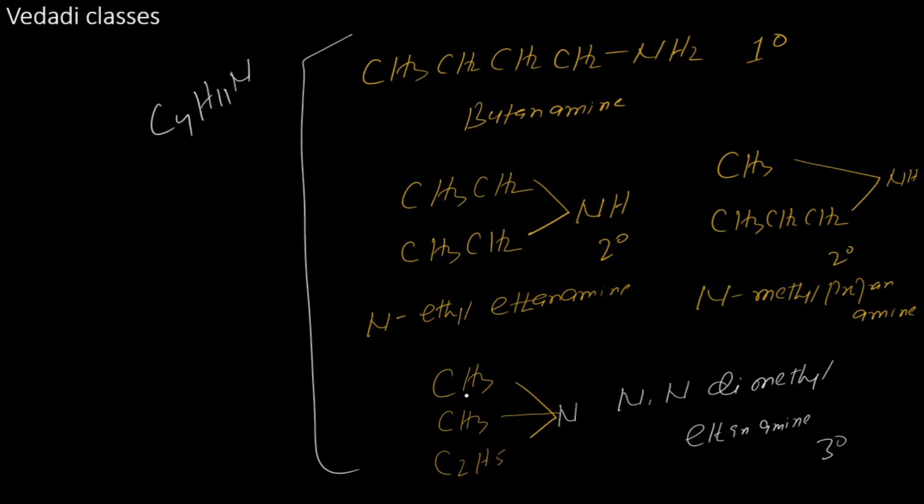In this case also 4 carbon, 11 hydrogen, and 1 nitrogen. So all have the same molecular formula. All amines have the same molecular formula but different structural formula. Why? Because they are 1 degree, 2 degree, 3 degree amines. Their functional groups are different.